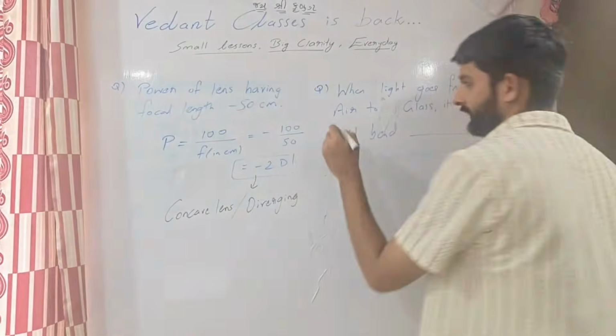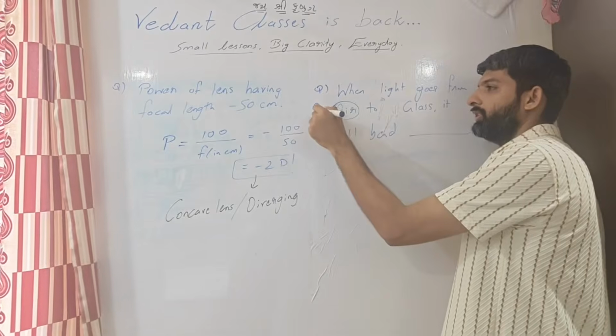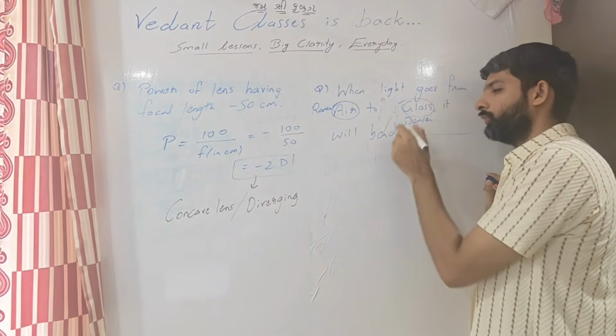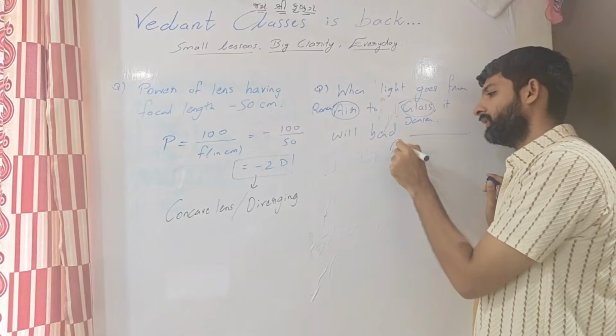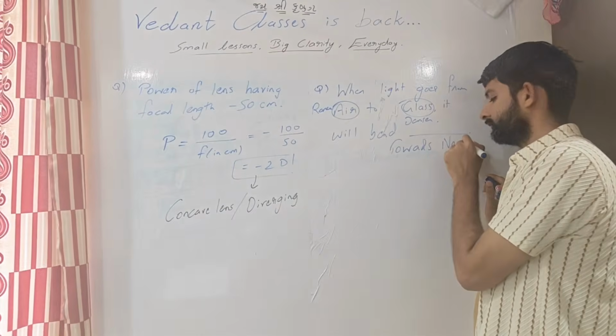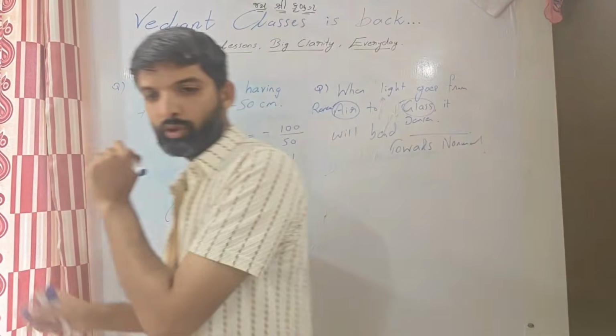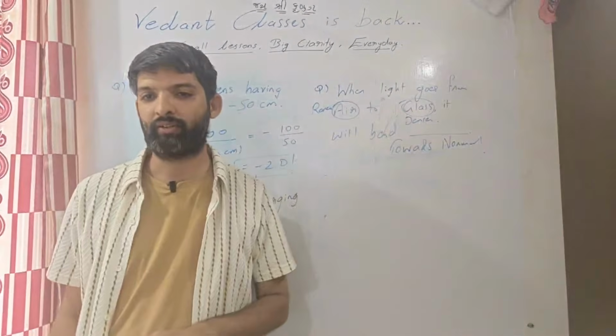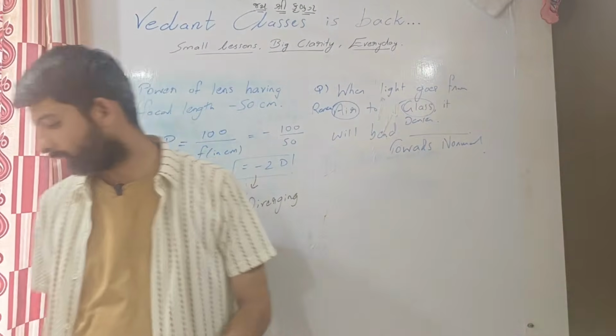How can you identify? Air is rarer medium and glass is denser. So from rarer to denser, it will bend towards normal. It will bend towards normal because it is moving from rarer to denser. So that is why it bends towards normal.